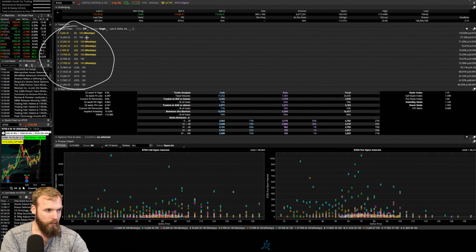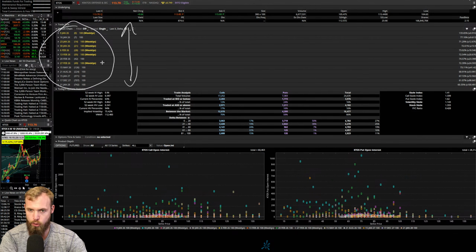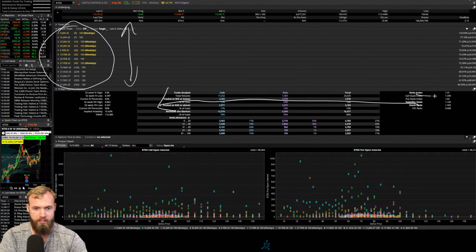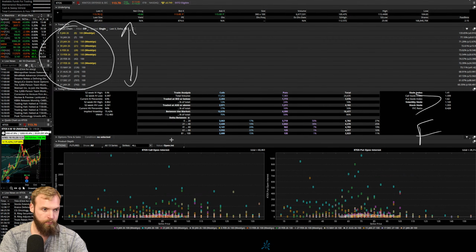Anytime that we're going this direction or this direction, this is a horizontal spread of some sort. The way to think about it is we're going linearly, but think of it as points in time. This is now, this is the future. So this is the horizontal element. It's going out in time.